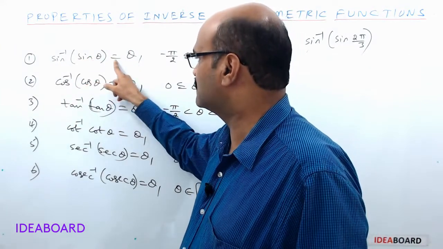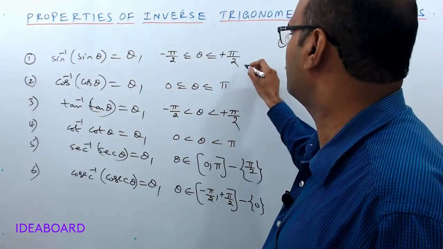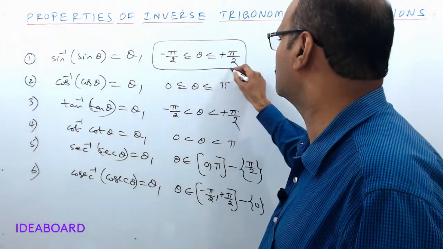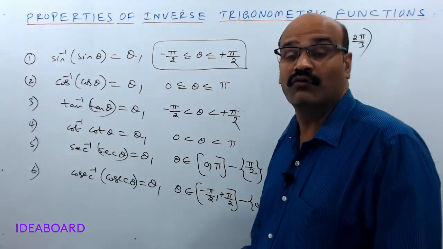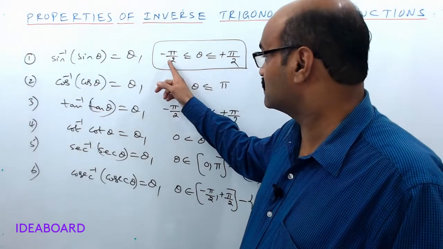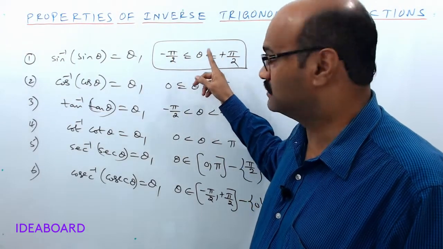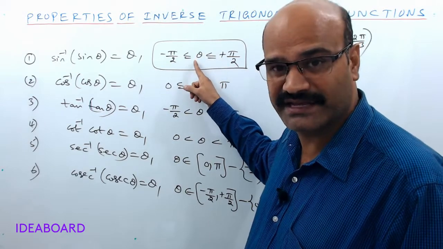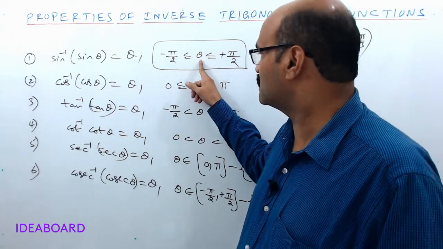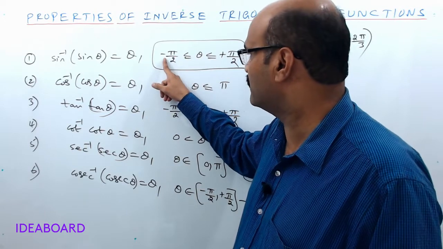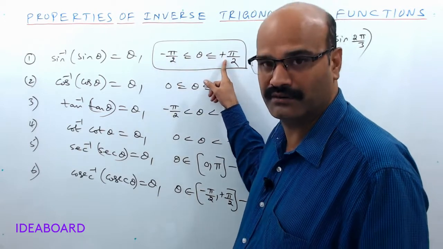When do you say that it's equal to theta? If minus pi by 2 less than or equal to theta less than or equal to pi by 2. We know that when we restrict the domain to minus pi by 2 to plus pi by 2, then only the inverse of the sine function exists. So theta should belong to minus pi by 2 to plus pi by 2 only.